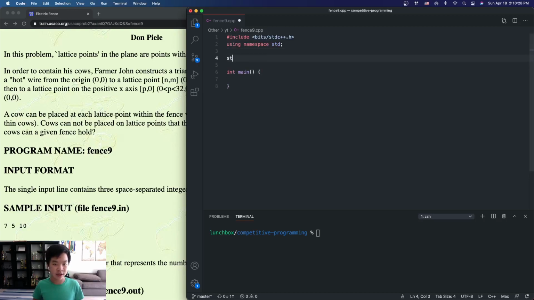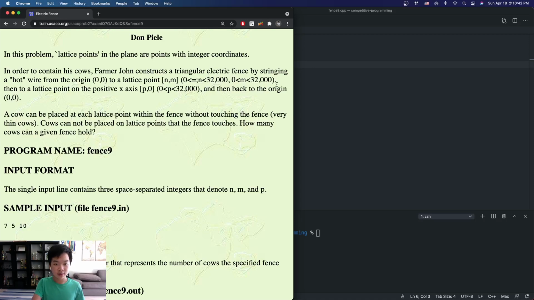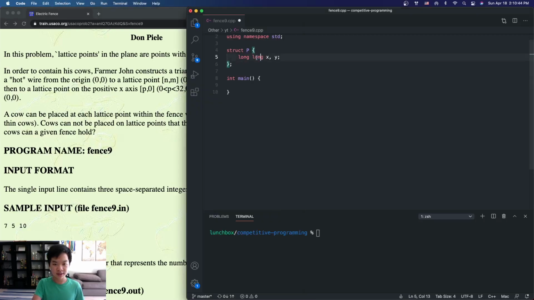We can have a point, it's going to be integers. Let's give a long just to be safe. We're going to have 3 integers. Oh, actually, we don't need long. So we have N, M, and P.